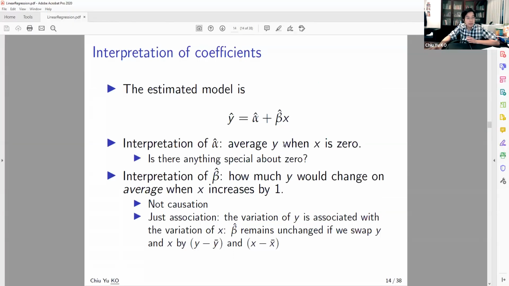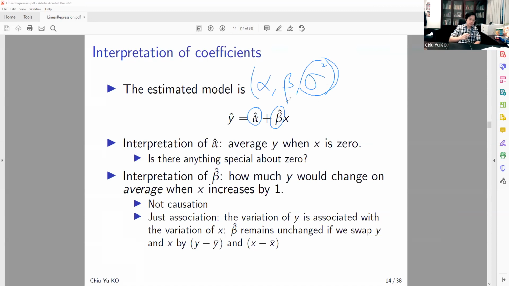So now we estimate alpha and beta. So the natural question is we ask the model, right? We have alpha and beta, but also the one thing is sigma square, right? The model has three things, alpha, beta, and sigma square. So we will tell you how to estimate the sigma square. Why do we care about that? Because by looking at this, we can do estimation and inference on alpha hat and beta hat.